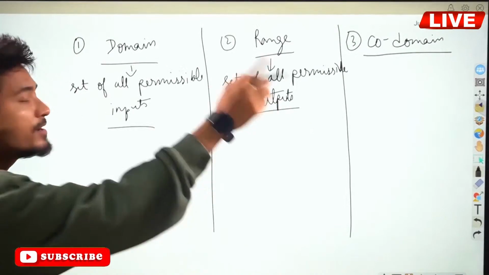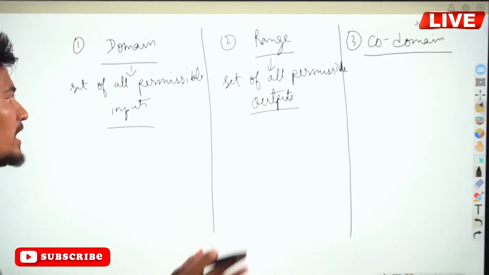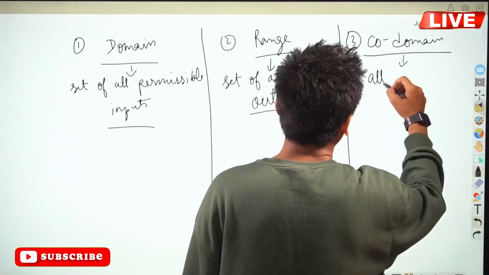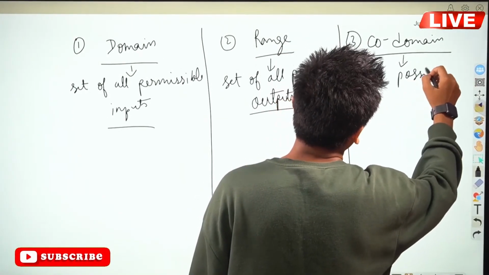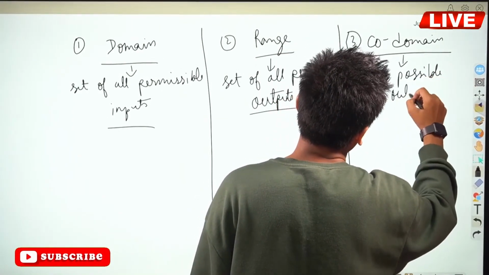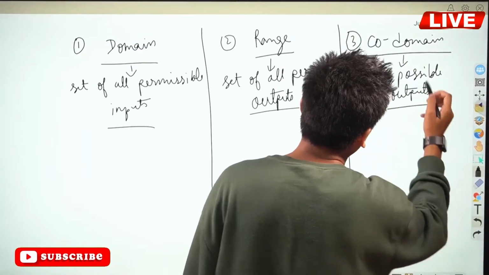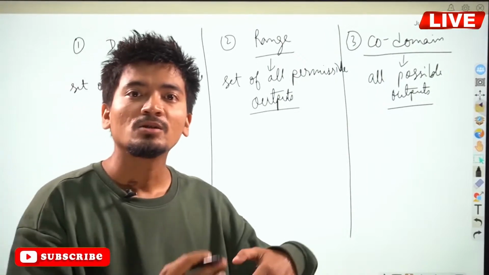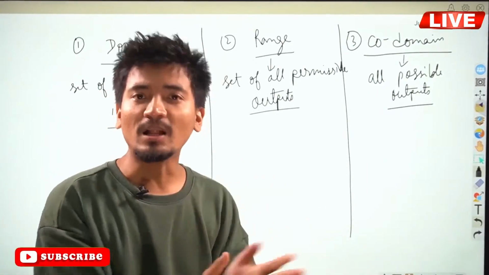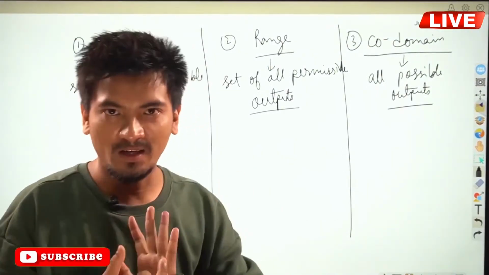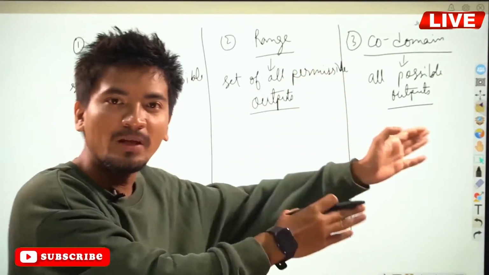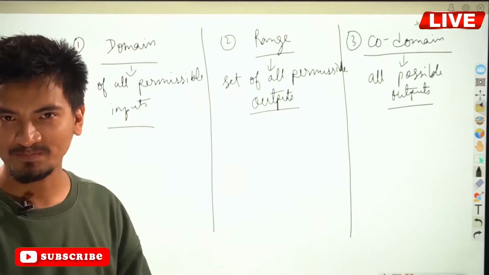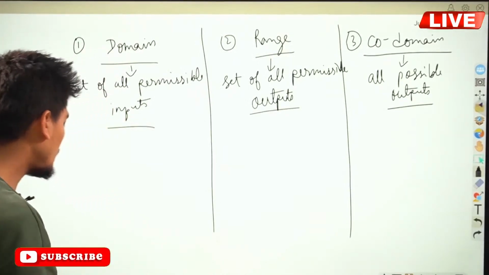Next, we have codomain. Codomain means the set of all possible outputs. That means, what is the difference between range and codomain? Range means only the permissible outputs, what is permitted. But in the codomain, you will have the all possible list of outputs. Okay, this is the difference.